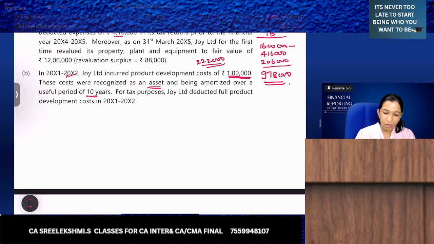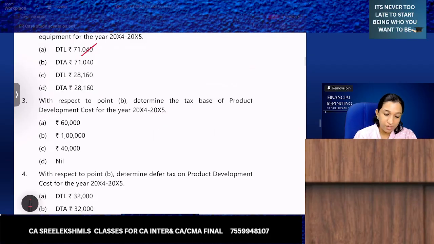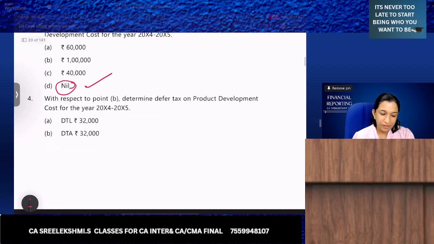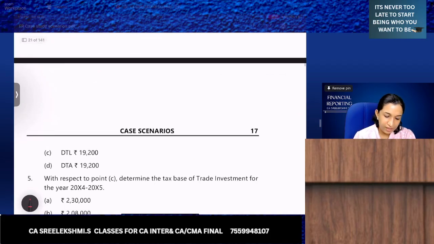So already 1 lakh, 11-12, 12-13, 13-14, 14-15, 40,000 amortized. Carrying value will be 60,000. Tax base is nil. So we need to create a DTL of 60,000 into 32%. Determine deferred tax: DTL.